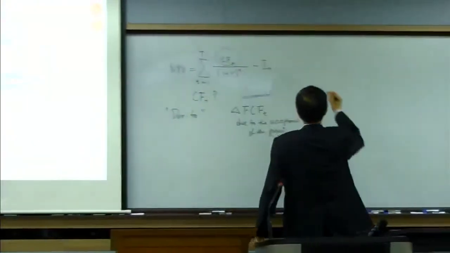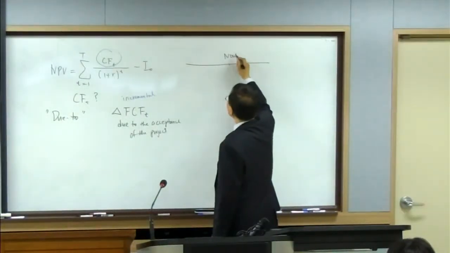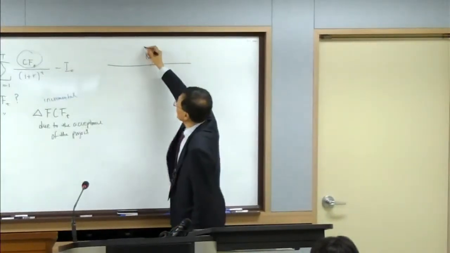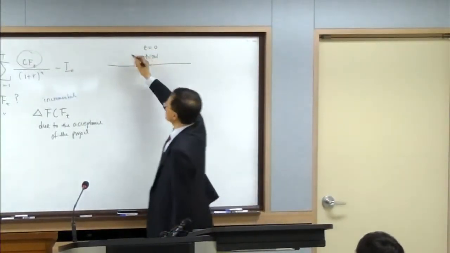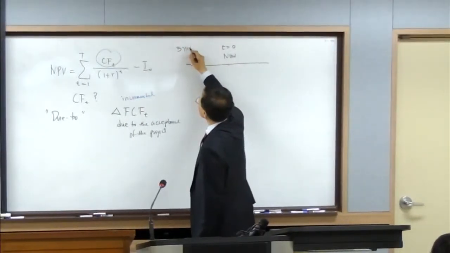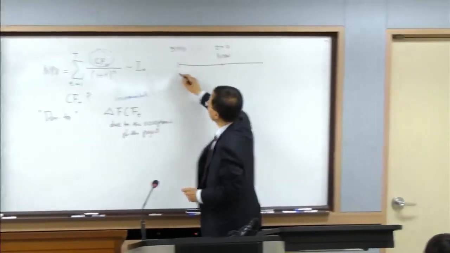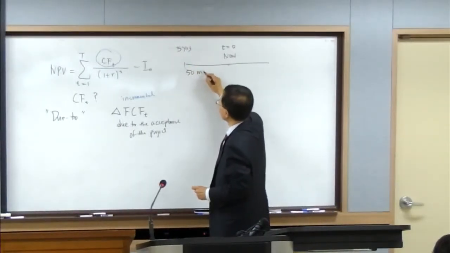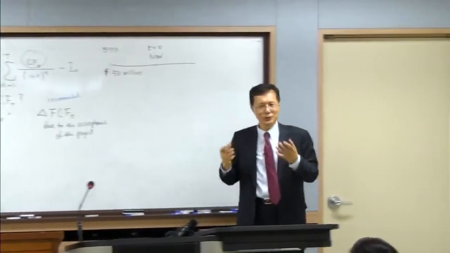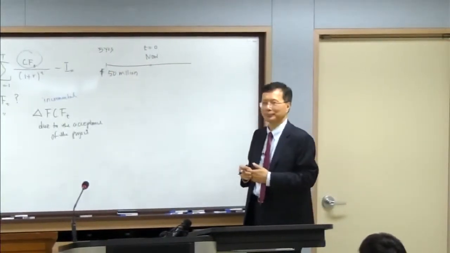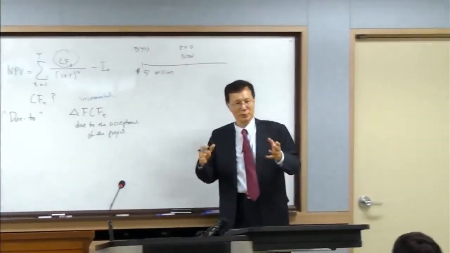Let us suppose that we are standing right here now, T equals 0. And let's assume that in the past 5 years, the company spent $50 million to develop this drug. That's too big. Let's say $5 million.